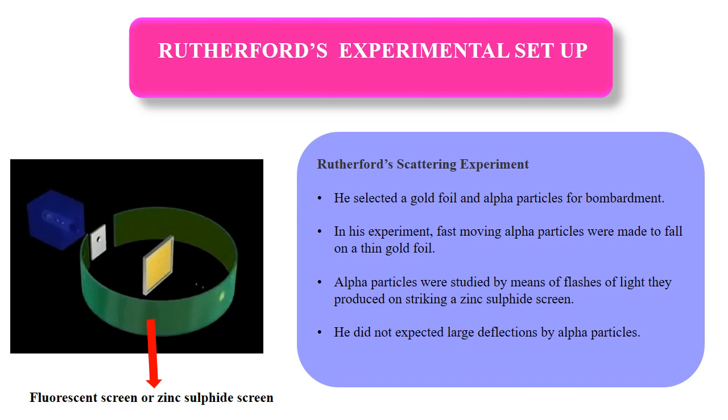It was expected that alpha particles would be deflected by the subatomic particles in the gold atoms. Since the alpha particles were much heavier than the protons, he did not expect large deflections by alpha particles. But the alpha particle scattering experiment gave totally unexpected results.